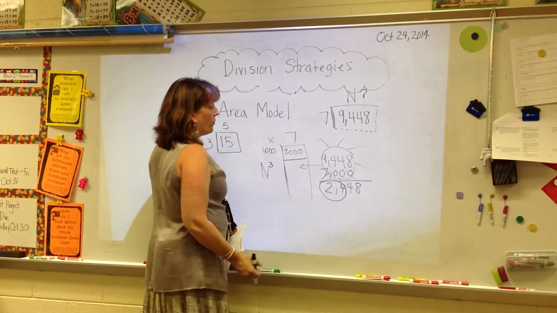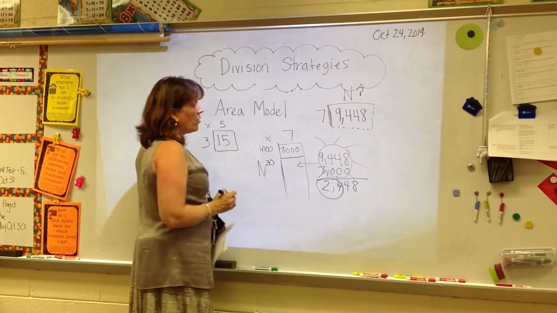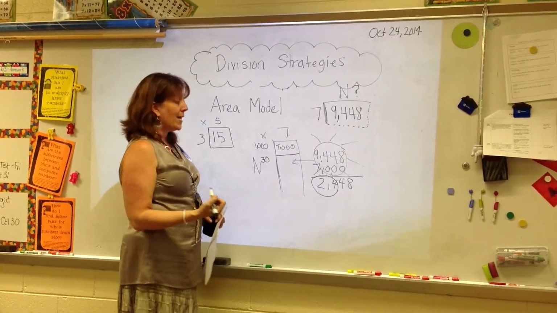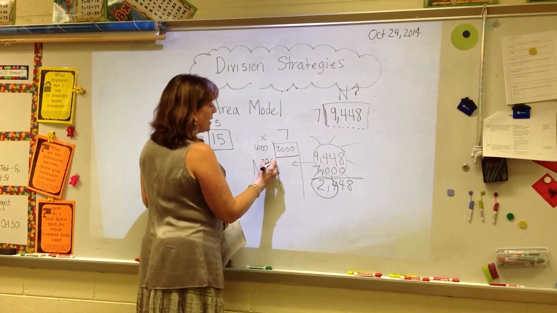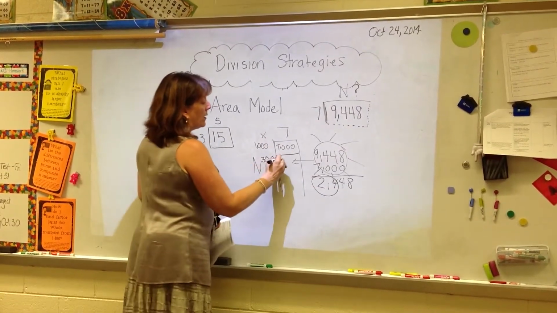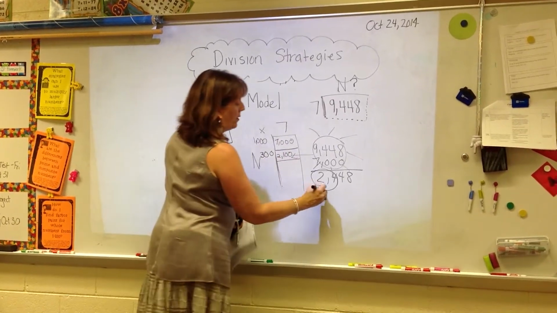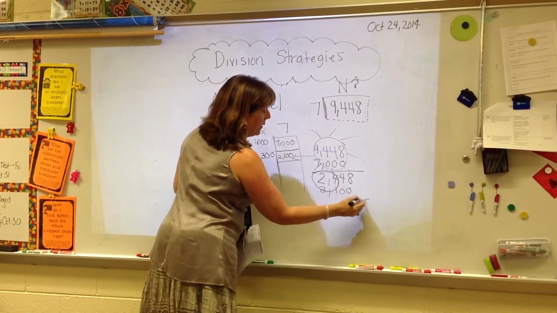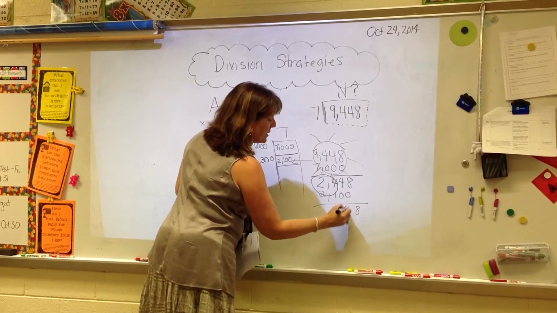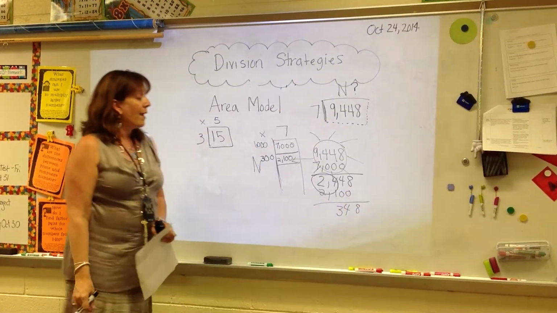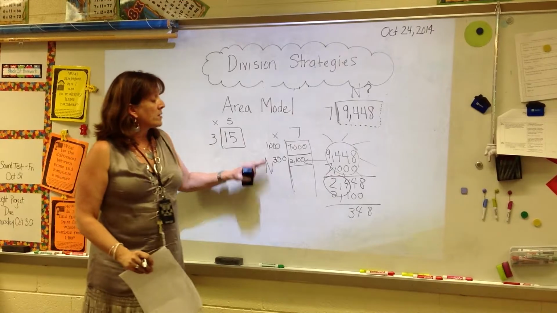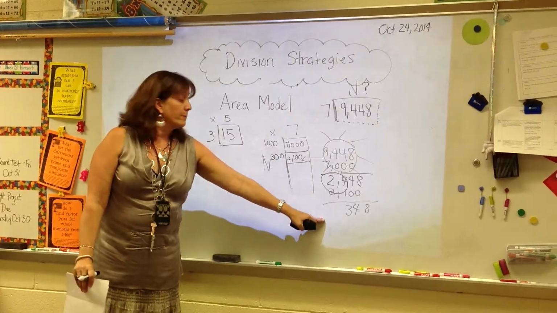And 7 times 30 would give me 210. That's not very much. But if I add another 0, that gives me 2,100, which is a great number for getting this down quickly. I don't want to do it in too many steps if I don't have to. So now I'm already in 2 steps, and I'm down to 348.